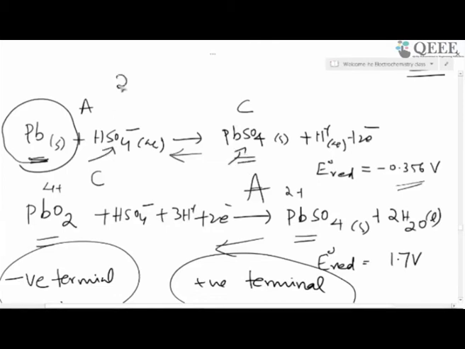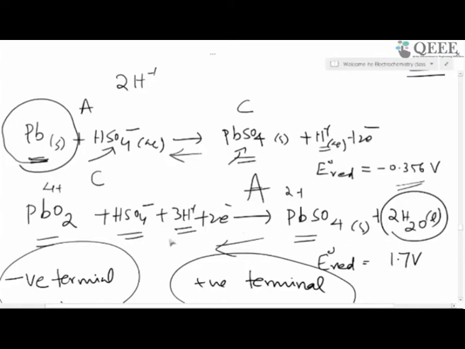For example, here 2H+ is taken, because H2SO4 has 2 H+, and the solution releases 2 H+, and then here it forms water, taking that H+. The positive electrode consumes H+ and produces water.